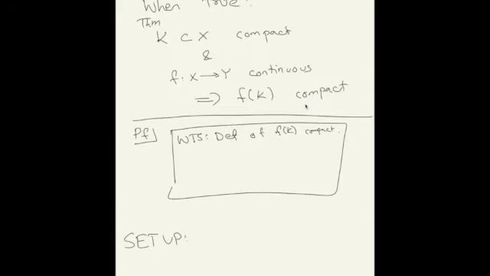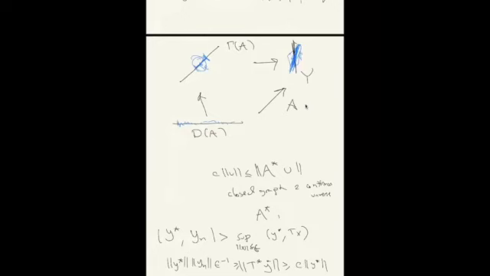That means by definition that for every sequence y_n in f(K), there exists a subsequence y_{n_k} such that the limit as k goes to infinity of y_{n_k} converges to some y in f(K). And the limit should be in the set.